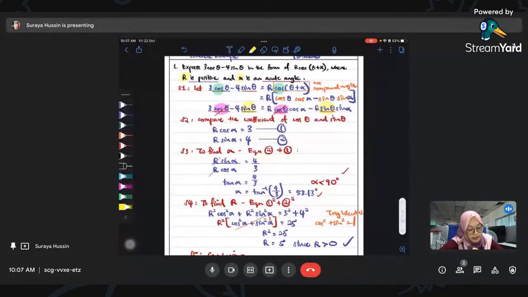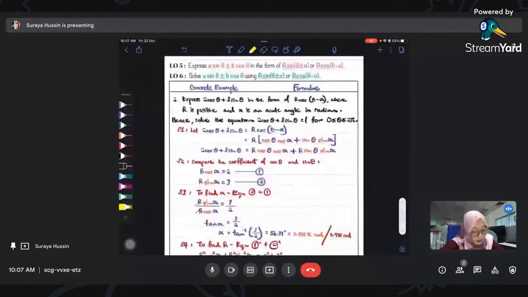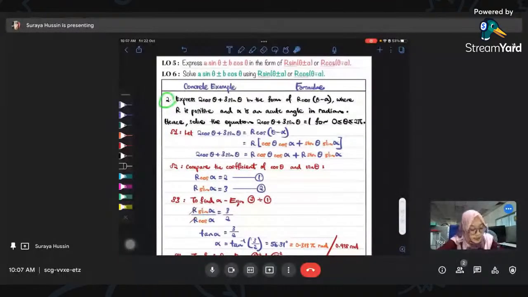So the second example here, I already written it for you. Okay, saya dah tulis pun untuk kamu. And dekat sini soalan nombor 2 ni ada extra soalan. Okay, extra ni mana? Extra ni di sini. Hence solve the equation. If you realize this equation ni is equal to 1.